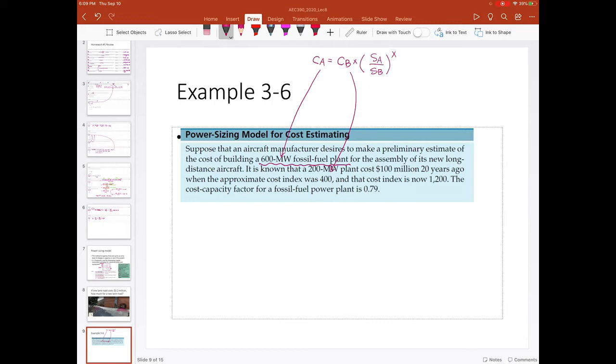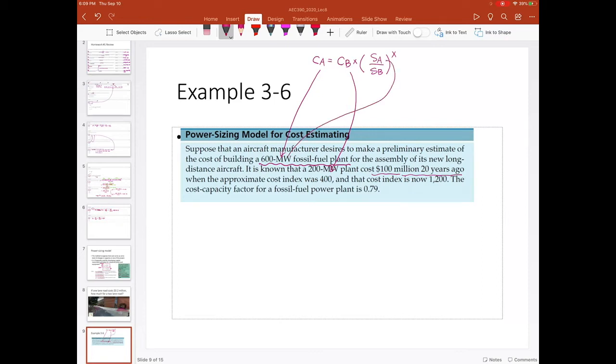One thing we need to know is that the cost of 100 million is the cost 20 years ago for the smaller plant. So we need to think about how to convert that old price to the current price. Because of course, if you want to build something new, you want to know the price for now, right? And SA is the size of the unknown plant, which we said is 600.